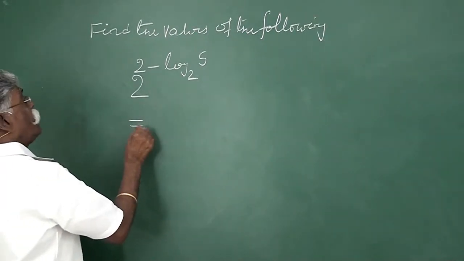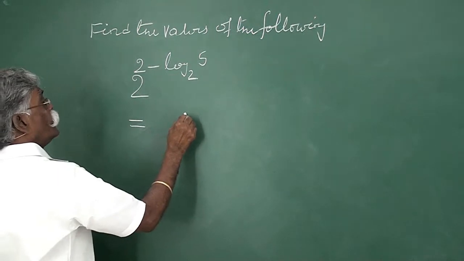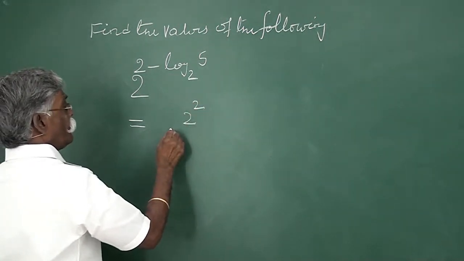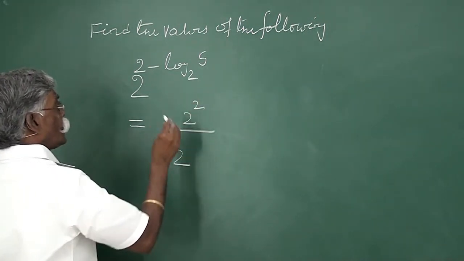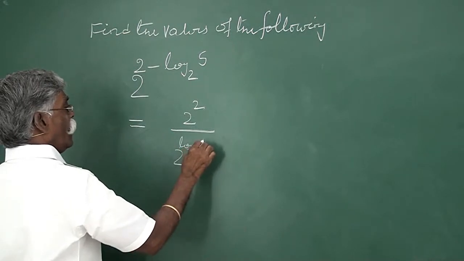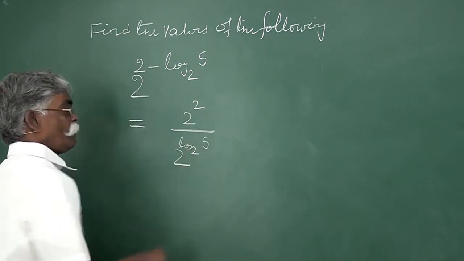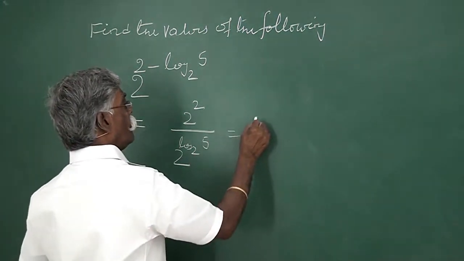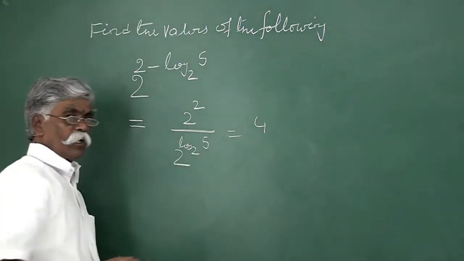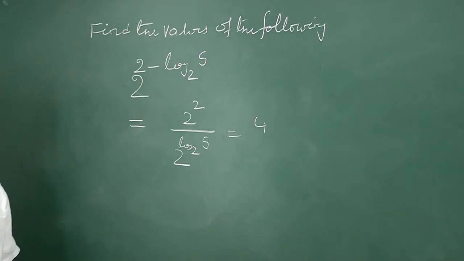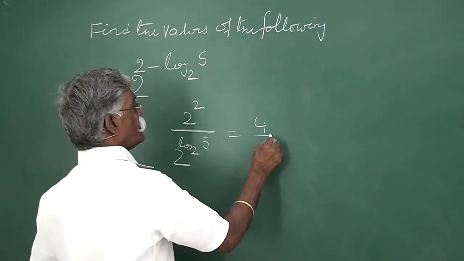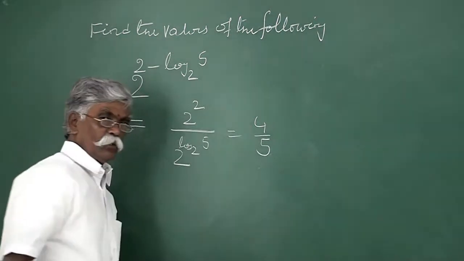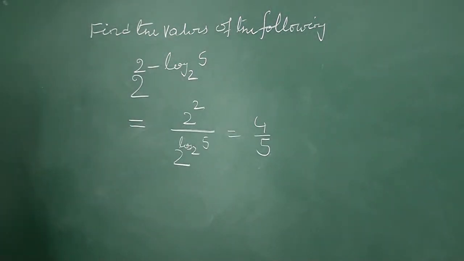Now this can be written as 2 square by 2 power log 5 to the base 2. And 2 square is nothing but 4, and this is in the form a power log n to the base a, therefore this value is 5. So the answer is 4 by 5.